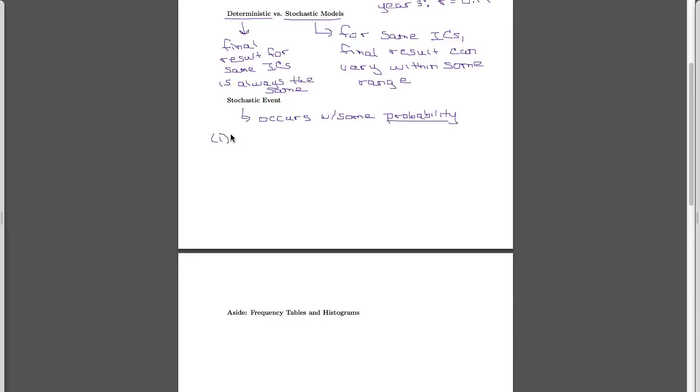So it could either be a theoretical probability. An example here would be if we flip a fair coin, then we know that the stochastic event of flipping a head on that fair coin is theoretically 1/2, right?